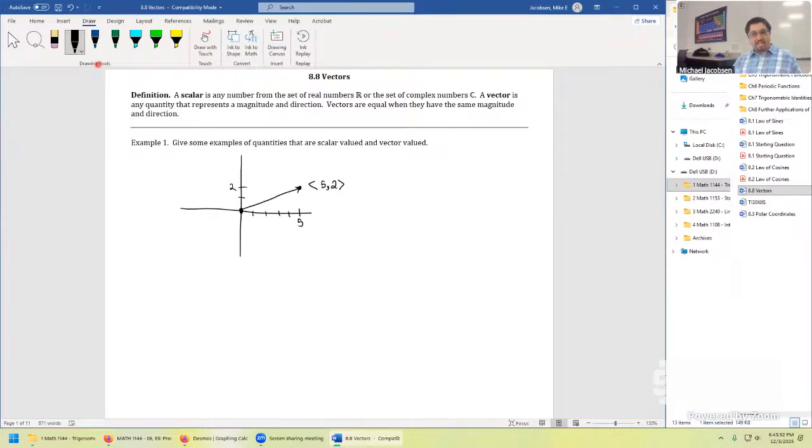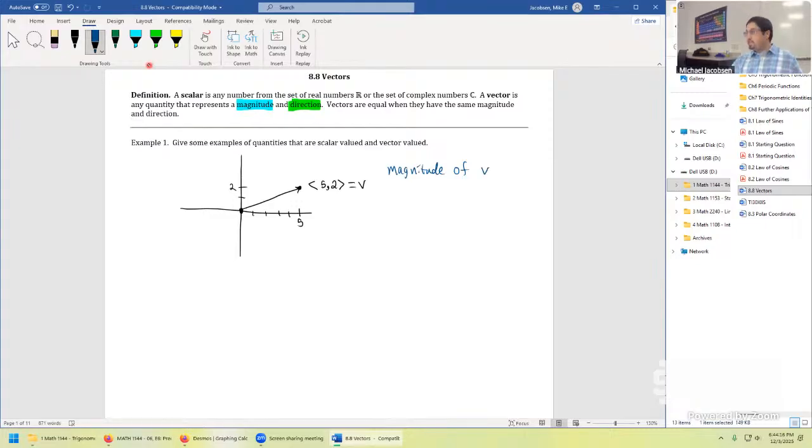Well, that's just visualizing the actual vector. When we say a vector has to have a magnitude and a direction, here's what we mean by both of those in this context. The magnitude of, I should give this a name, let's call it V for vector.